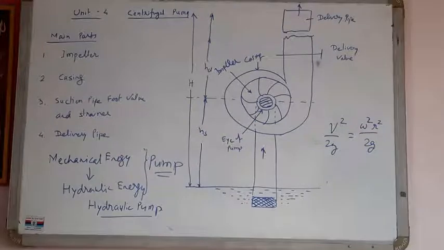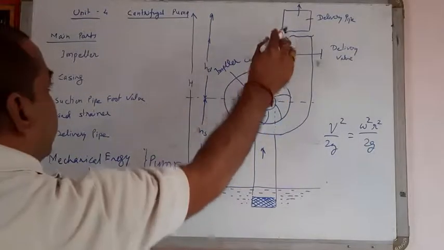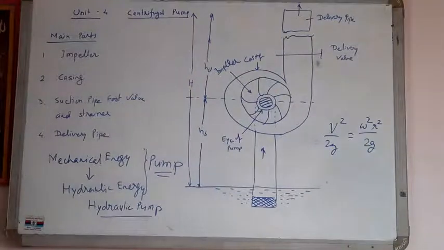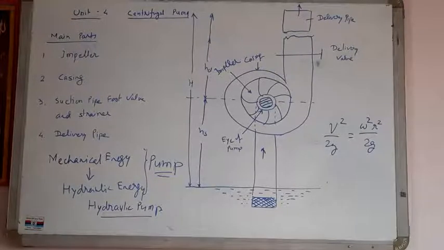Thus at the outlet of the impeller, where the radius is more, the rise in pressure head will be more, and the liquid will be discharged at the outlet with a high pressure head. Due to this pressure head, the liquid can be lifted to a high level.